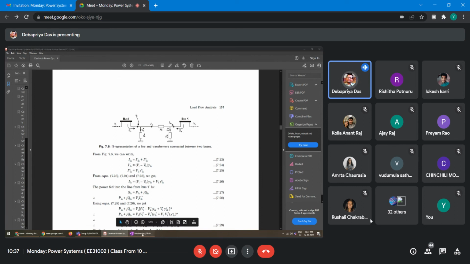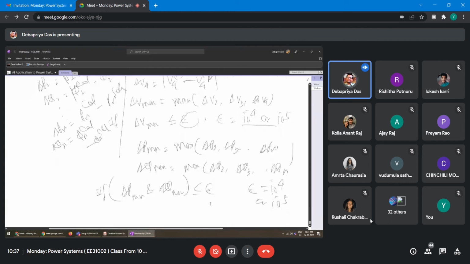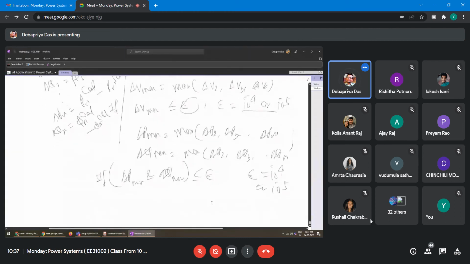Now one thing I will tell you before explaining this. For example, suppose you have this bus bar and you have this bus bar, right? A generator is connected here, a generator is connected here. This is bus I, this is bus K, right? So when power flows from this way to that way, I am explaining this.